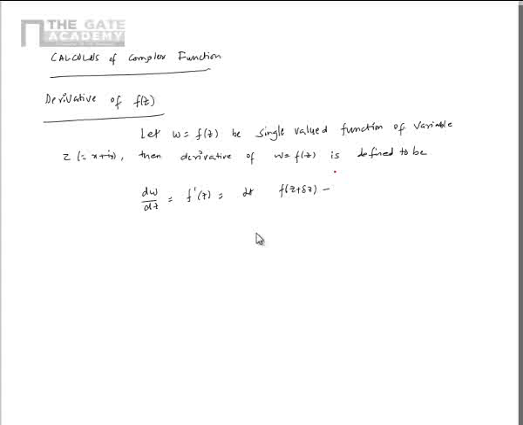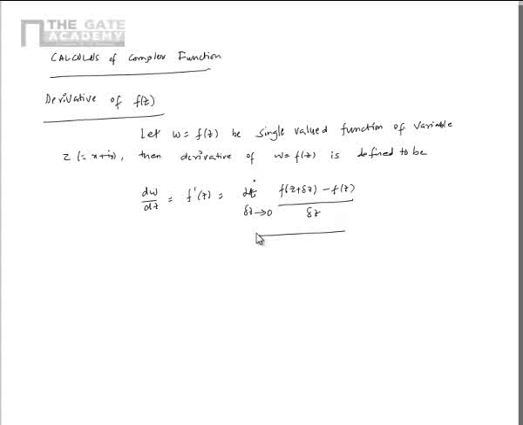So it is defined in a similar way to how the derivative is defined for a real number. A small change in z. The top numerator is the functional change in the value of f if there is a small change in z, such that the change vanishes to 0. This is how the derivative is defined.